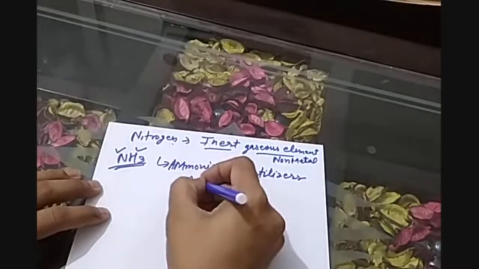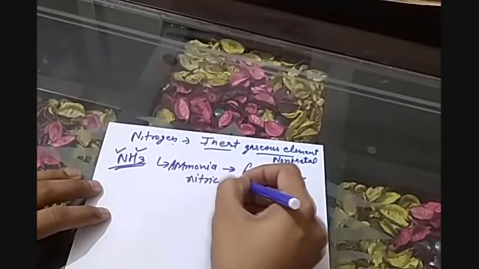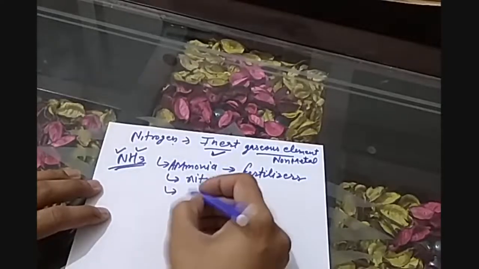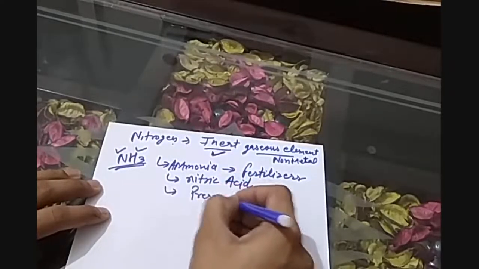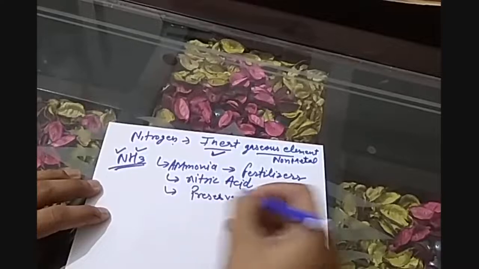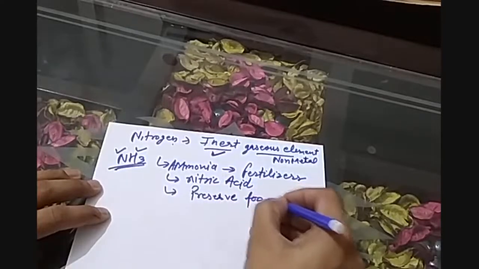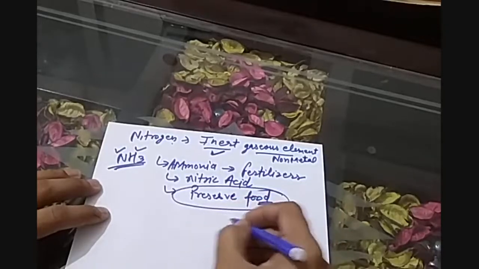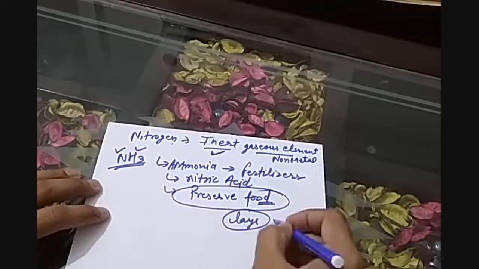Okay, the next is nitric acid. Nitrogen is used to make nitric acid, and due to its inertness, it is used to preserve food. We have studied this. Nitrogen is filled in the Lay's packet.